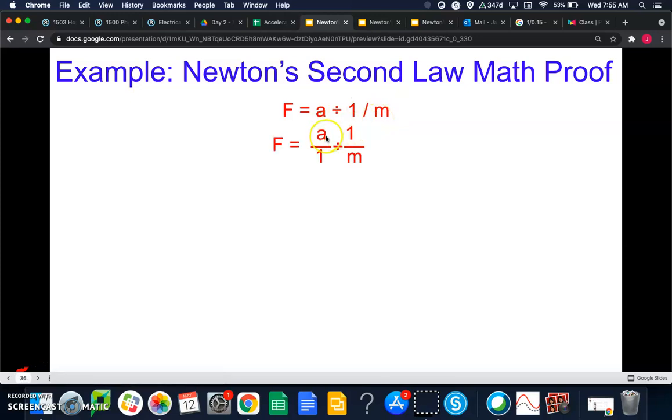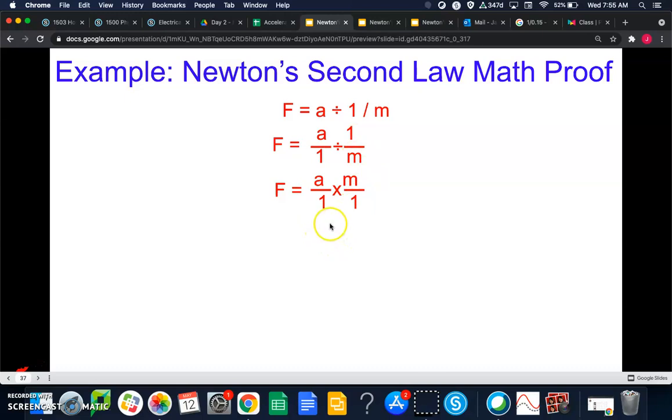If we write that as a fraction, it'll look like this: acceleration over 1, and then I'm going to write this more vertically, so 1 over mass. Remember, when you divide two fractions, that's the same thing as multiplying by the reciprocal of the second fraction. So this is just going to turn into a over 1 times m over 1. I just flipped the second fraction here.